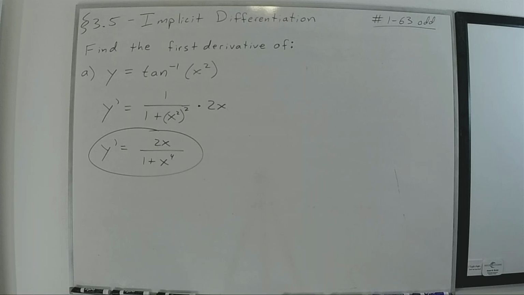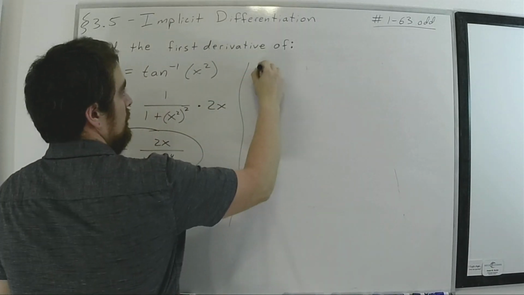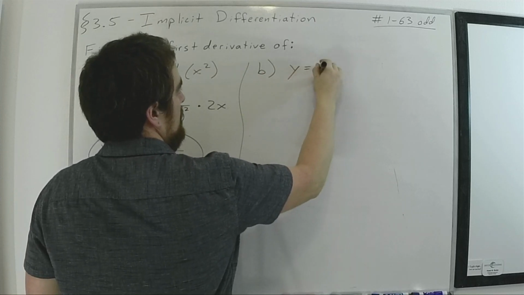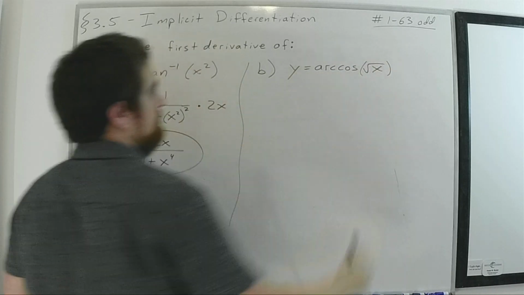And let's take a look at what we got there. This one is y equals arc cosine of the square root of x.